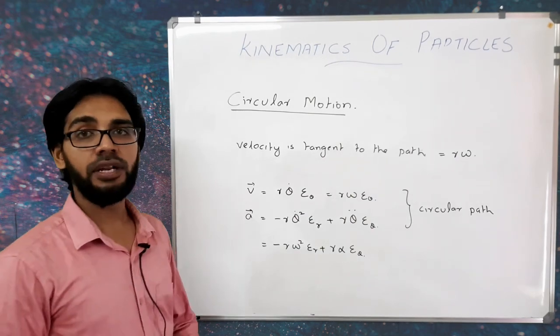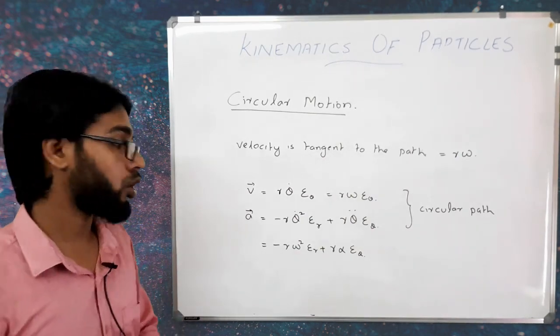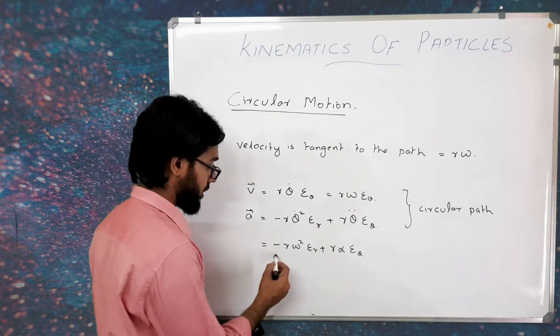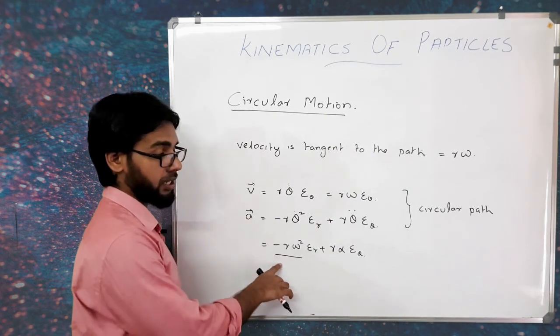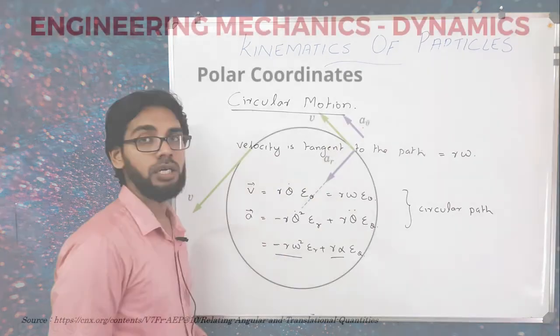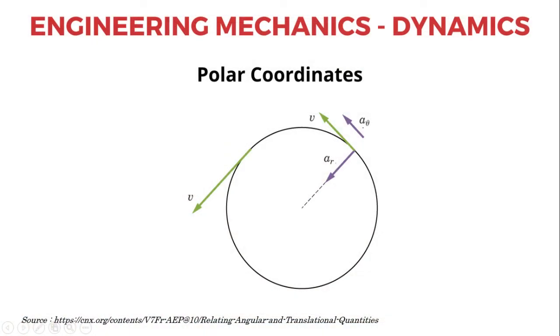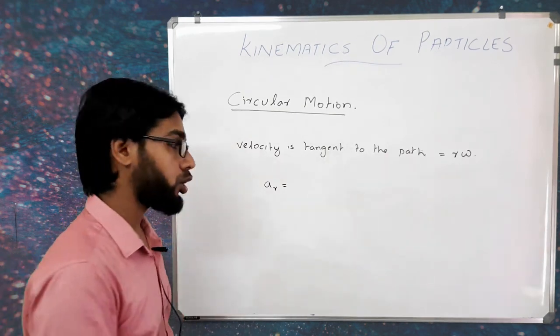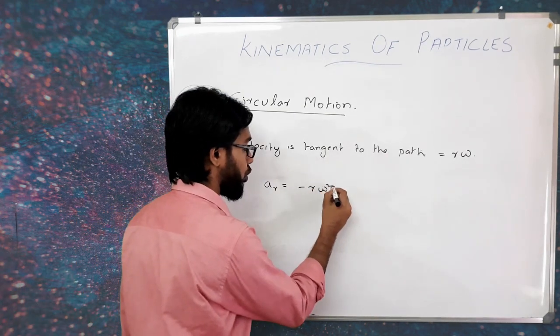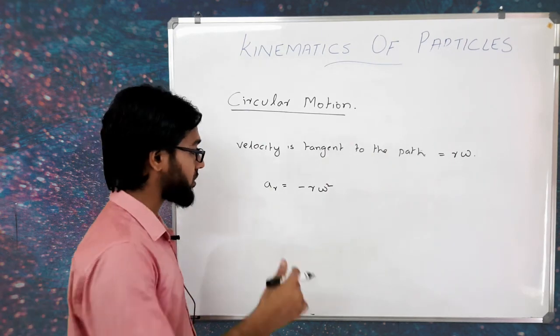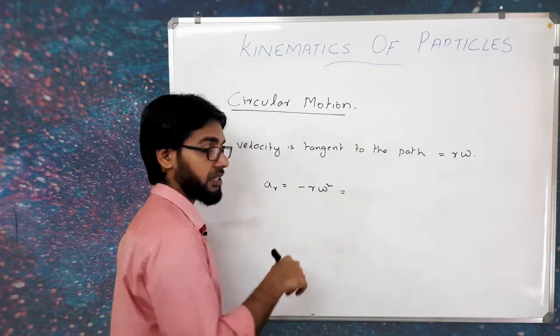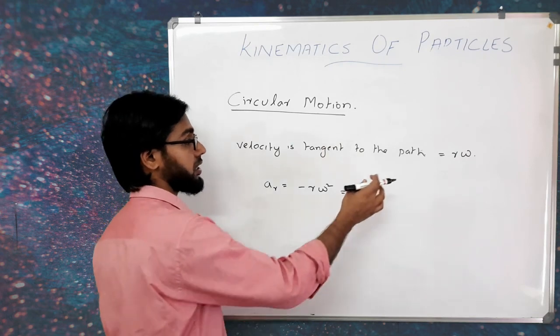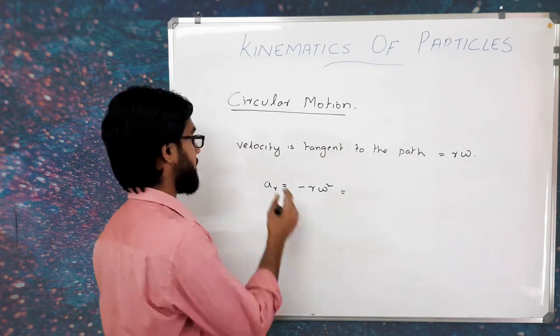And the corresponding acceleration has two components, one along the radial component and the other along the transverse component, also referred to as tangential component. So the radial component a r will be equal to minus r omega square, which can also be represented in terms of the velocity along the path v.